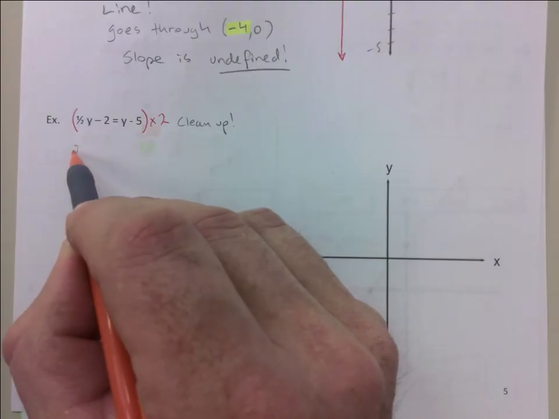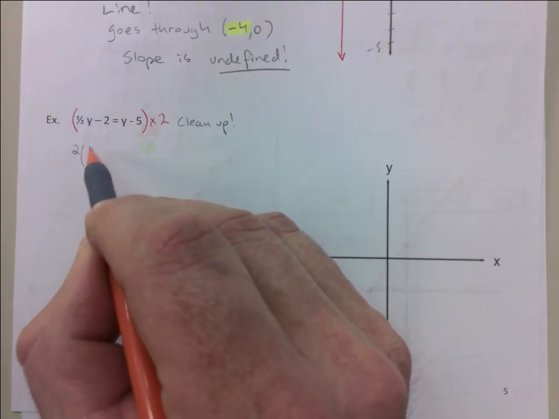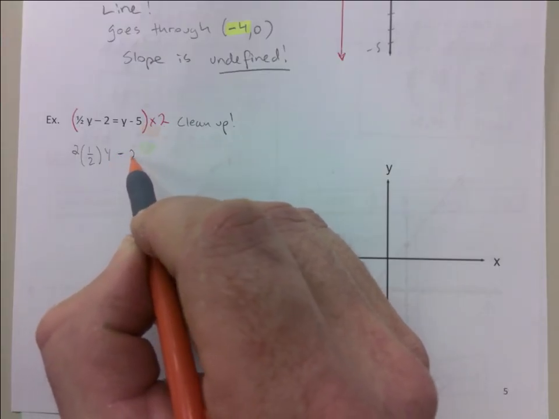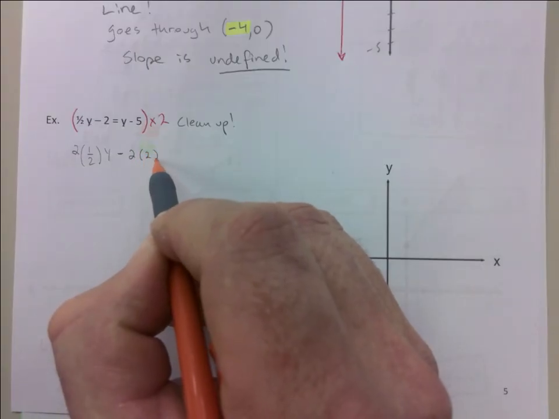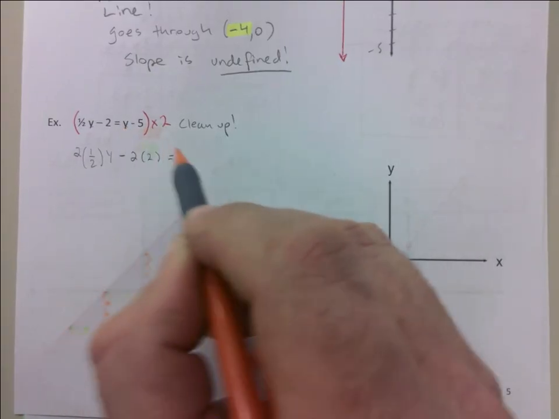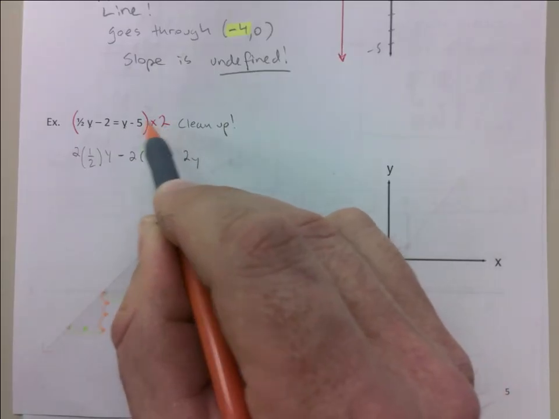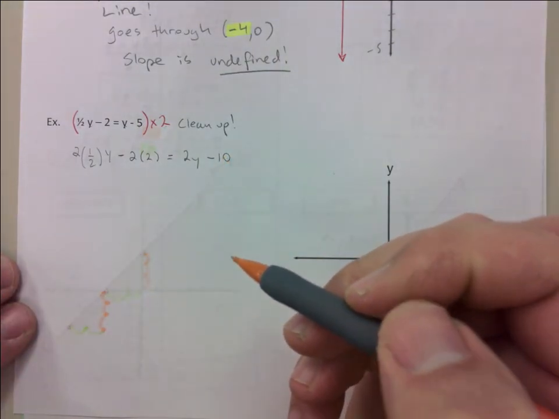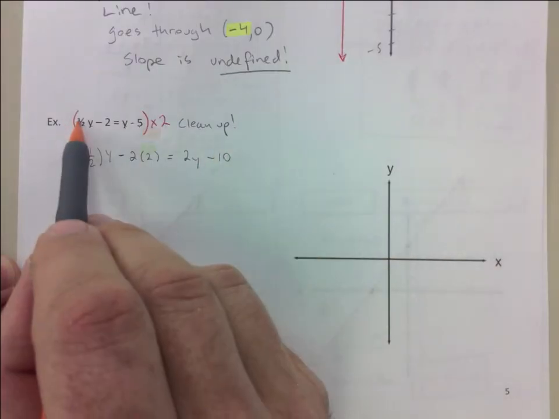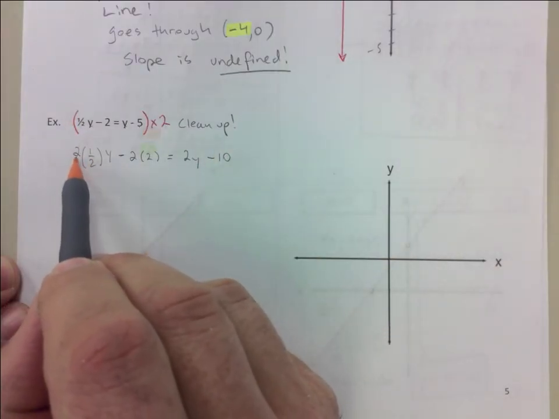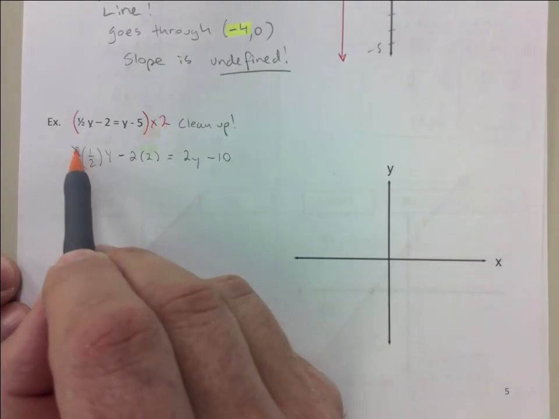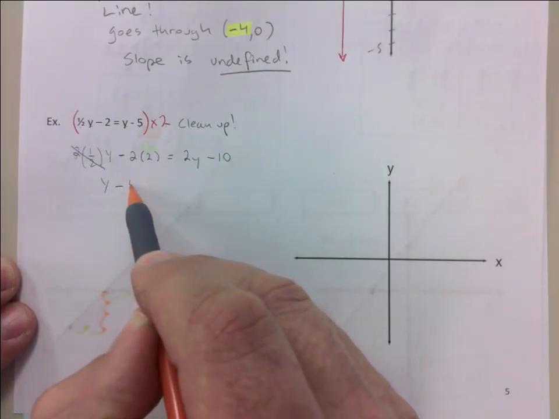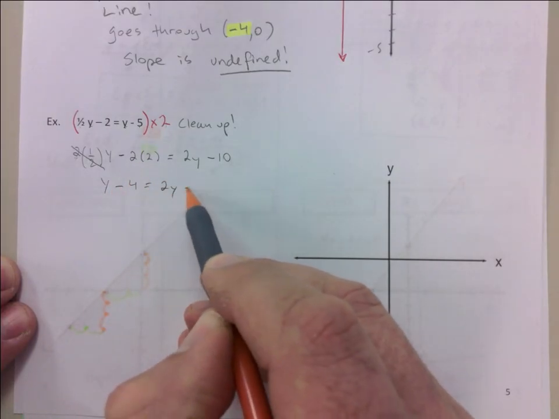So it's basically 2 times 1/2 y minus 2 times 2 is equal to 2y. 2 times -5 is -10. So I just want you to understand is like multiplying something by 2 and then dividing it by 2 is like canceling out. So it's y minus 4 is equal to 2y minus 10.